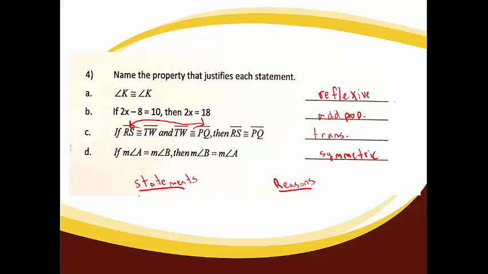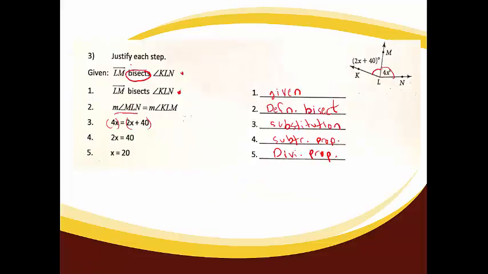And the statements are going to be you basically solving through the problem, simplifying the problem, and the reasons would be the theorems, the postulates, or the properties of equality that allow you to make those statements. So if we look back through here quick, this is our statement side, this is our reason side. We are going through and actually solving the problem and showing our steps, but then we're also giving the reason for each step.